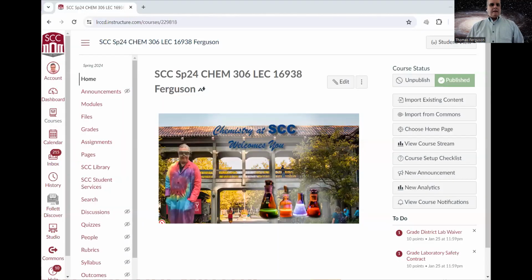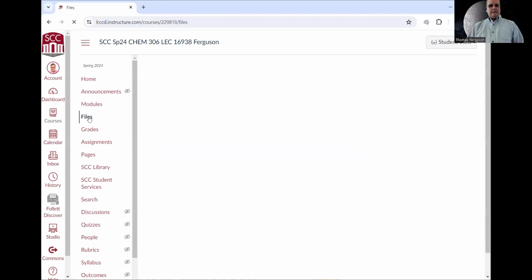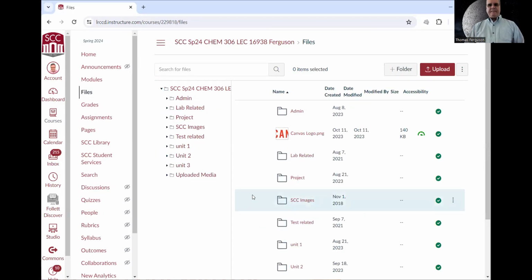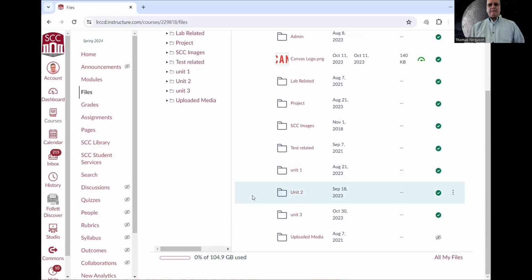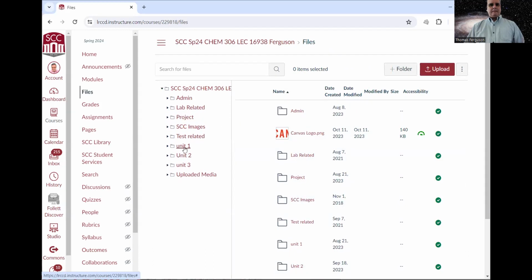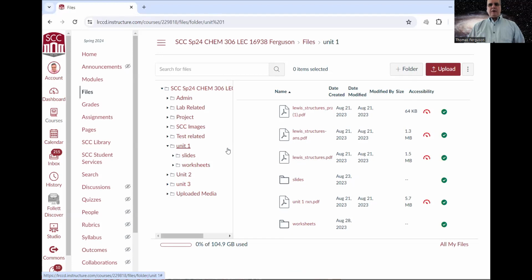Okay, so if we go over to Canvas, if we look at files, you'll see a folder under Unit 1, Slides.